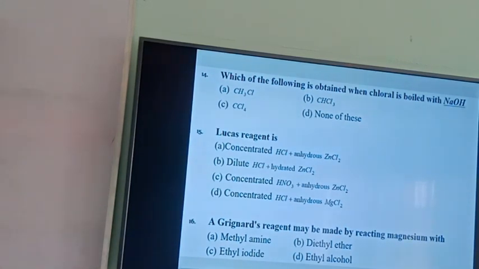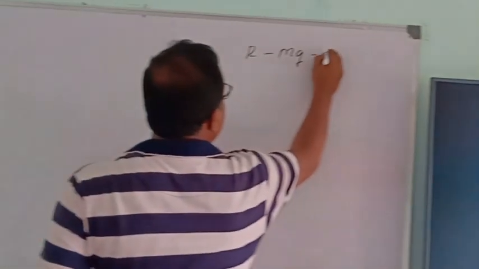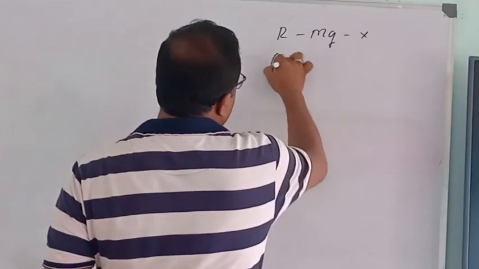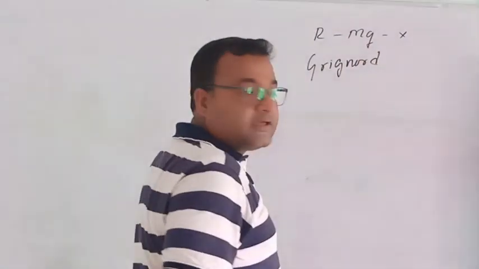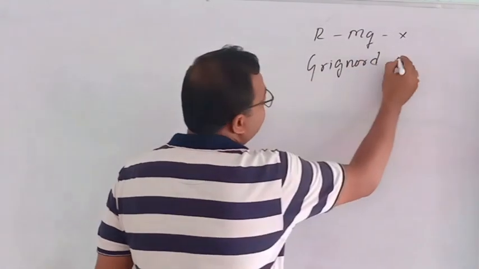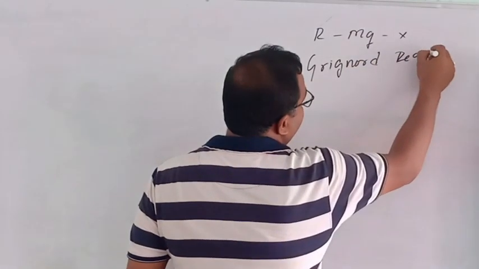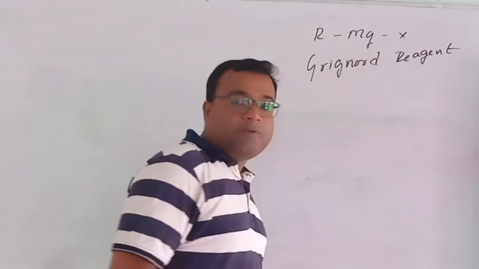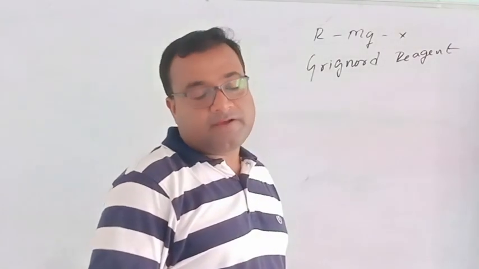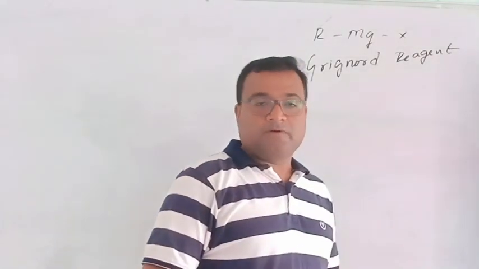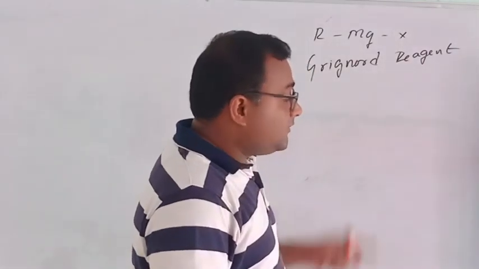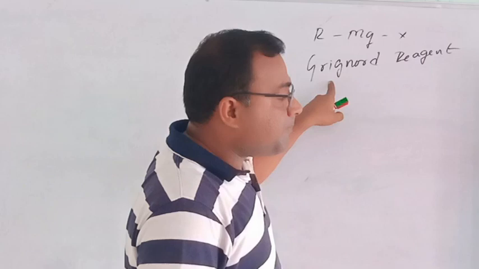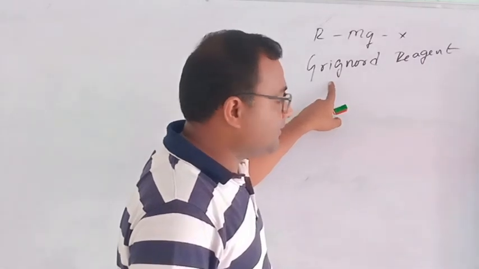Methyl magnesium iodide, or RMgX, is called a Grignard reagent. It has many applications in the preparation of aldehydes and ketones, and even in alcohols it has many applications.